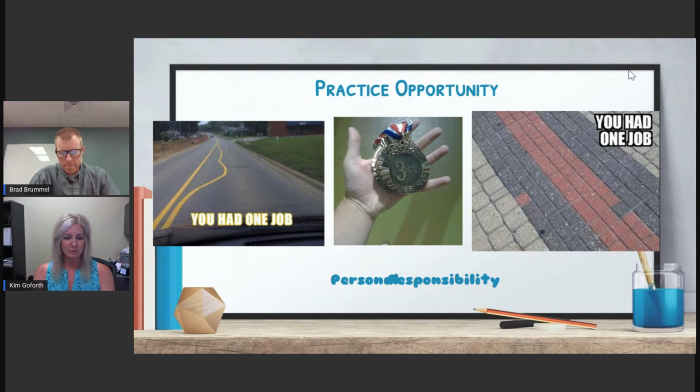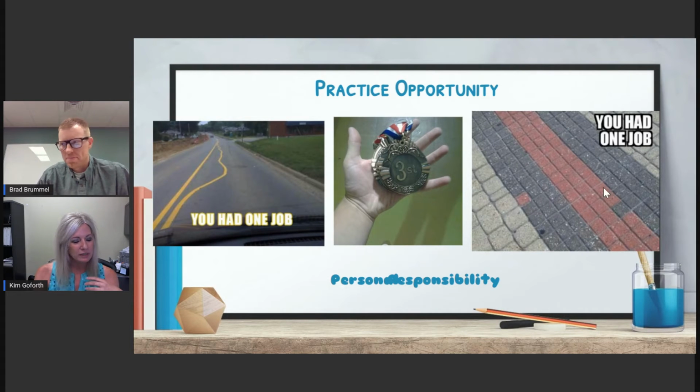What were these people's one job? It is to get the line straight on the road. It was to make a medal that said first place or third place, whatever that medal is. It looks kind of gold to me. But anyway, you can open that up with what was the personal responsibility that these folks had? You had one job. And so you can keep it light there with that.